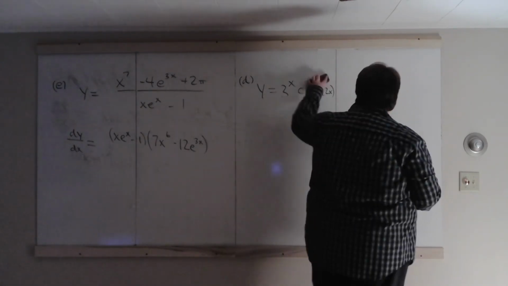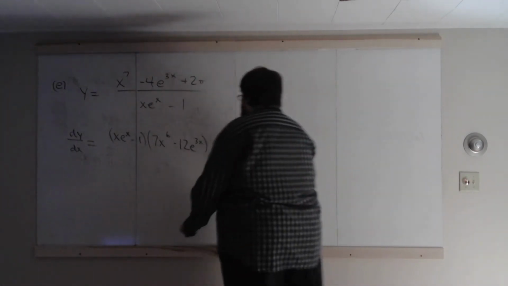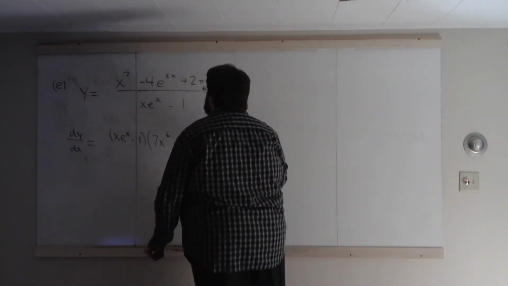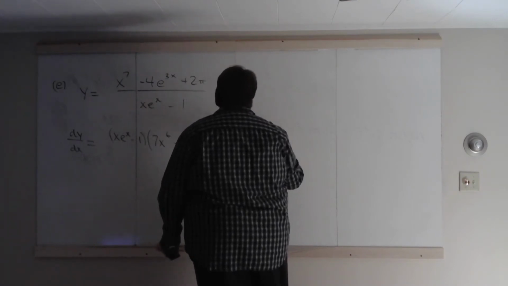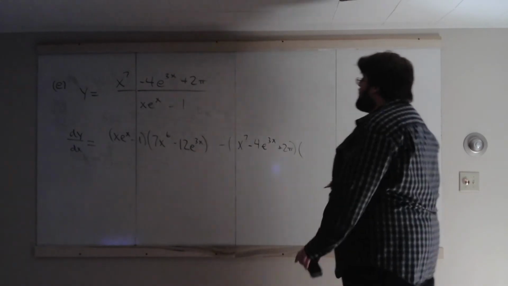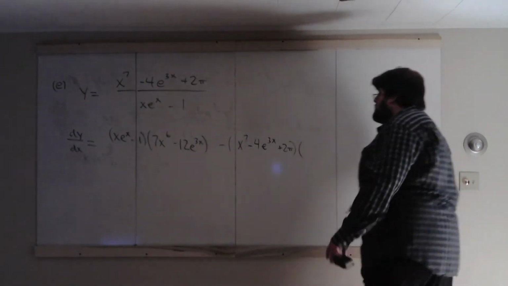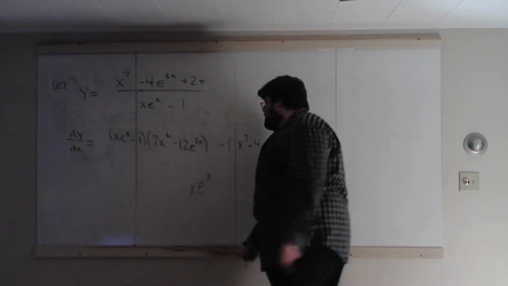Now we need to do negative top derivative bottom. So we have negative top is what? x to the 7th, negative 4 e to the 3x plus 2 pi. Derivative of the bottom, well, for x e to the x, we have another product rule.